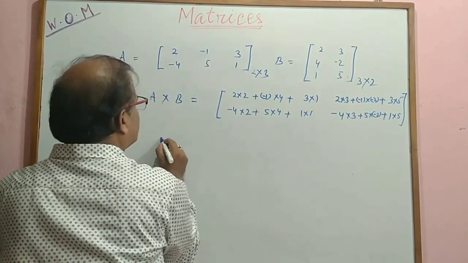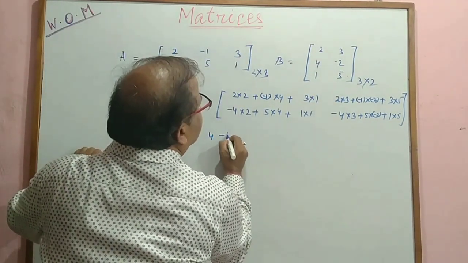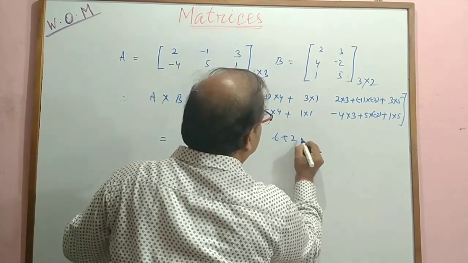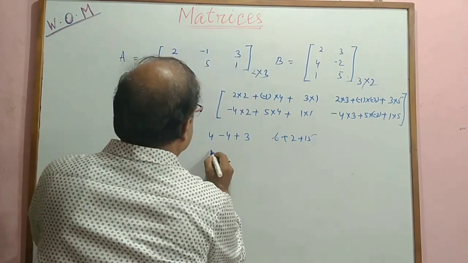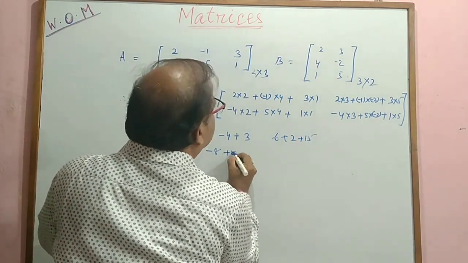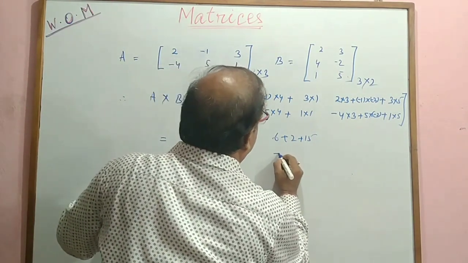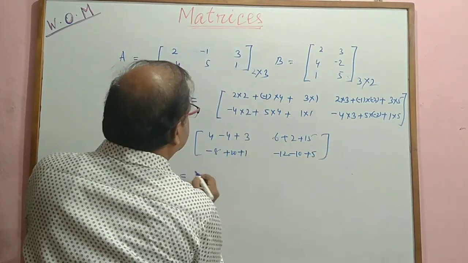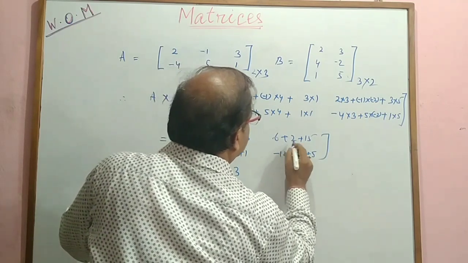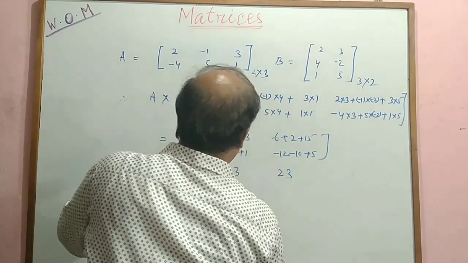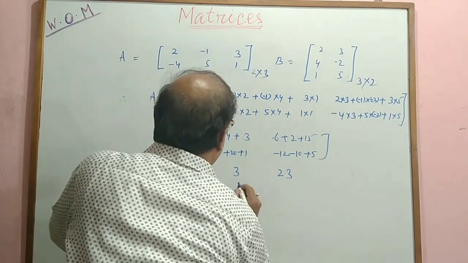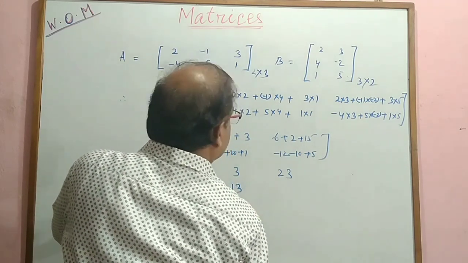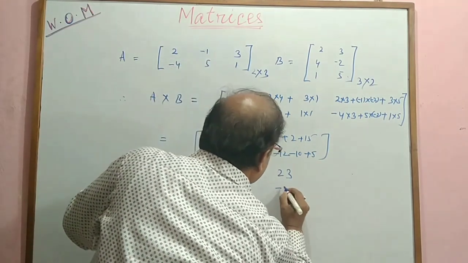That is equal to [4 minus 4 plus 3, 6 plus 2 plus 15; minus 8 plus 20 plus 1, minus 12 minus 10 plus 5], that is equal to [3, 23; 13, minus 17].